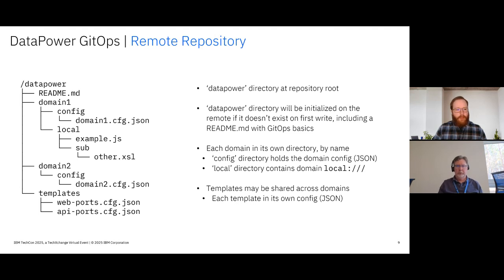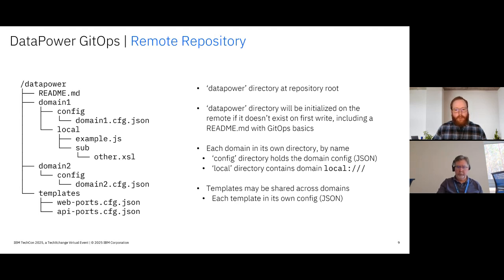Here we're looking at the structure and the hierarchy of the DataPower GitOps directory tree that you would see on your Git repository. Everything is under a DataPower directory at the root. DataPower GitOps does not care about what else is in that repository, so you can manage your scripts and automation infrastructure within that repository as well, co-located with this, but we will put all of our configuration templates under this DataPower directory.